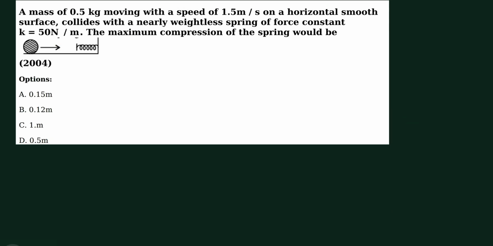Okay. A mass of 0.5 kg moving with a speed of 1.5 meter per second on a horizontal smooth surface collides with a nearly weightless spring of force constant K equal to 50 Newton per meter. The maximum compression of the spring would be how much? This question was given in NEET 2004.